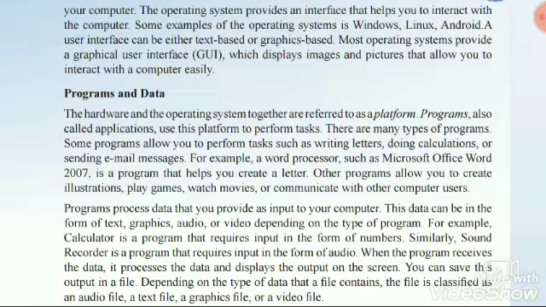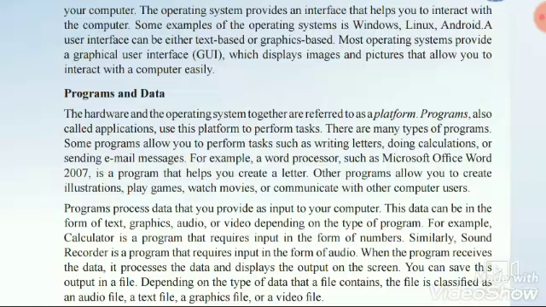So it provides a platform for programs, also called applications, to use to perform tasks. If we think that we can watch video without any operating system, directly interacting with hardware, it is impossible. There are many types of programs, application software or system software, that allow us to perform tasks such as writing letters, doing calculations, or sending email messages.